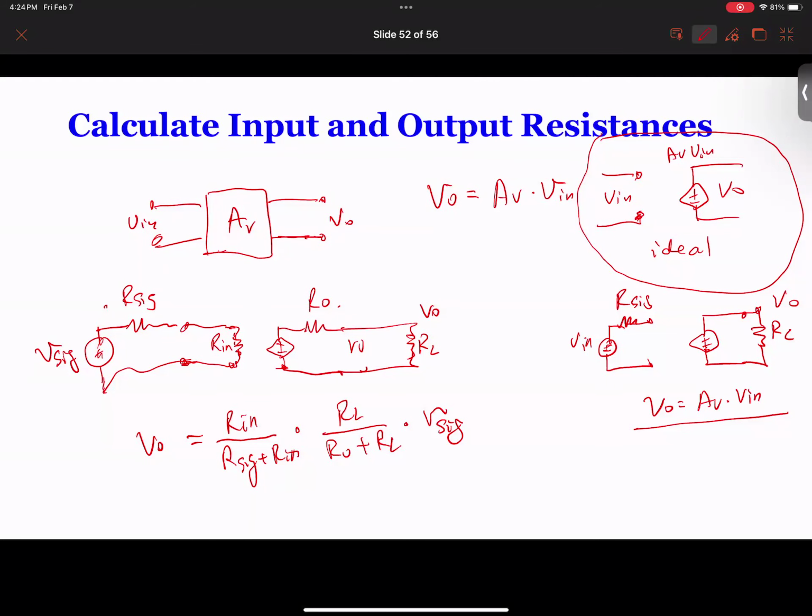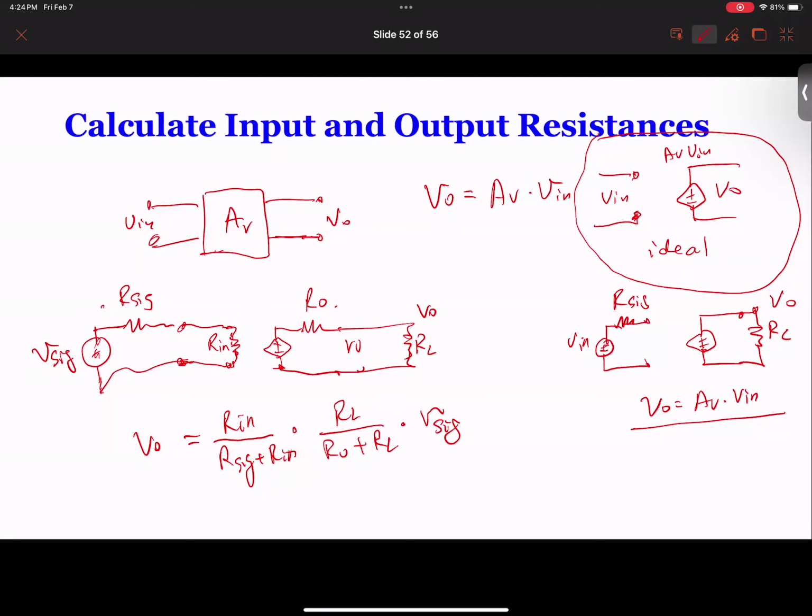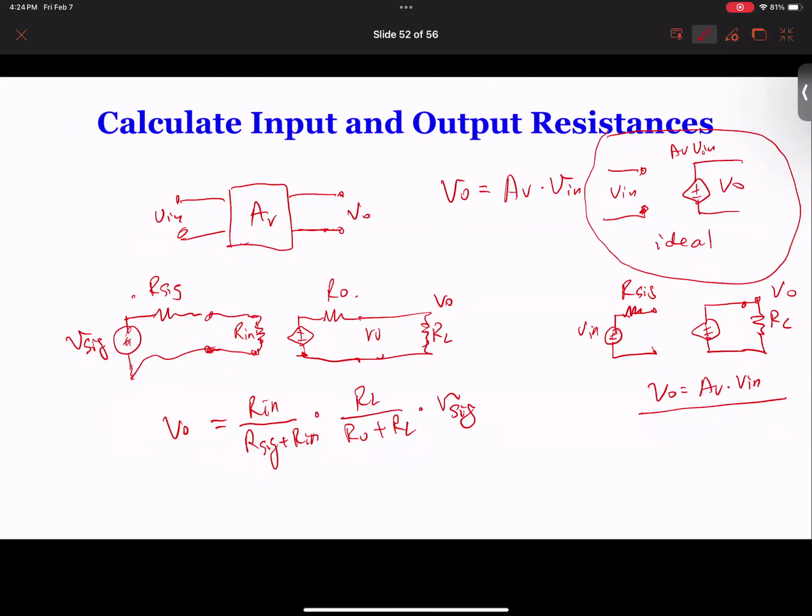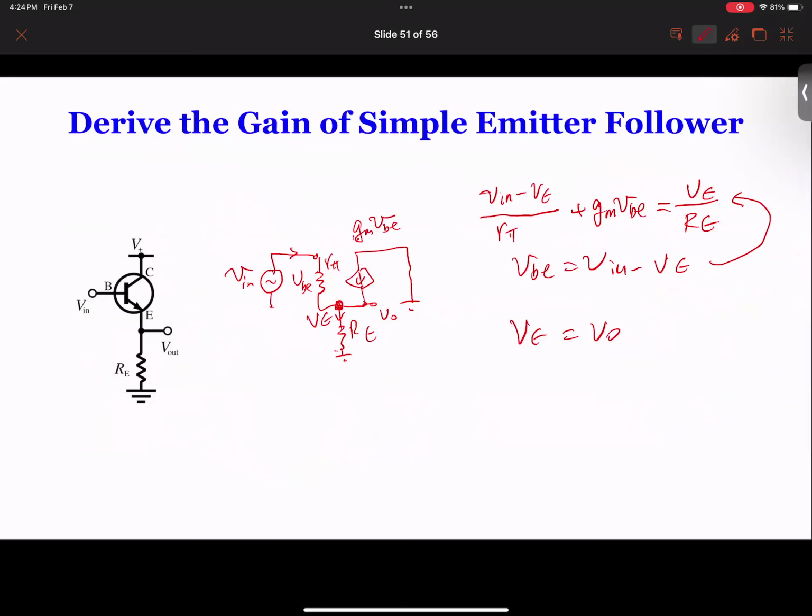Your output is only 2/3 of the overall amplification. That's not good. So it's very important that we design the circuit to have a very big input resistance and very small output resistance. And that is exactly what the emitter follower is going to give you.